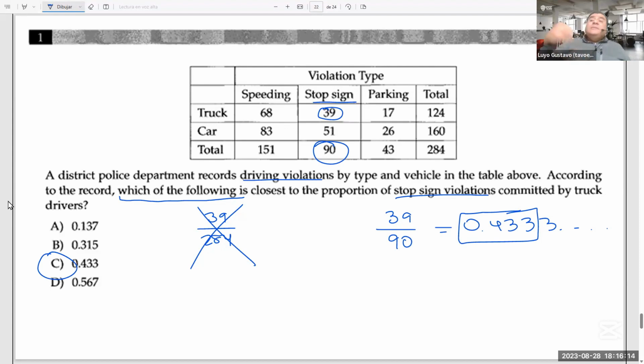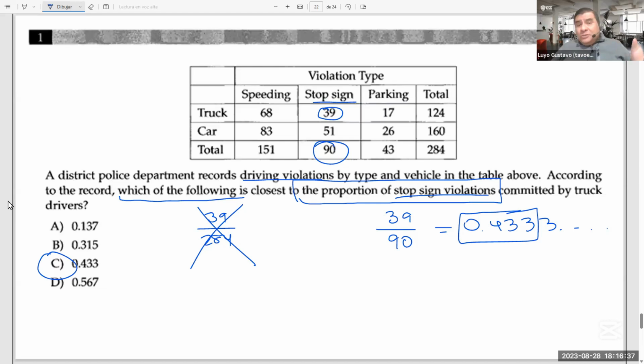Whenever you see similar wording in a question, remember it is the second interpretation. They are not asking you to calculate against everything. Okay? Why? Because the group that is being considered is mentioned by saying the proportion of stop sign violations.